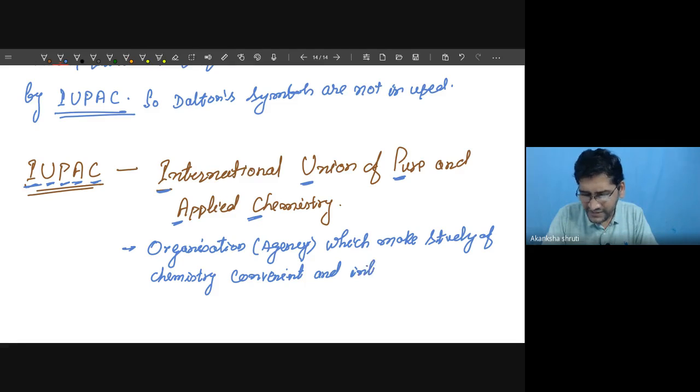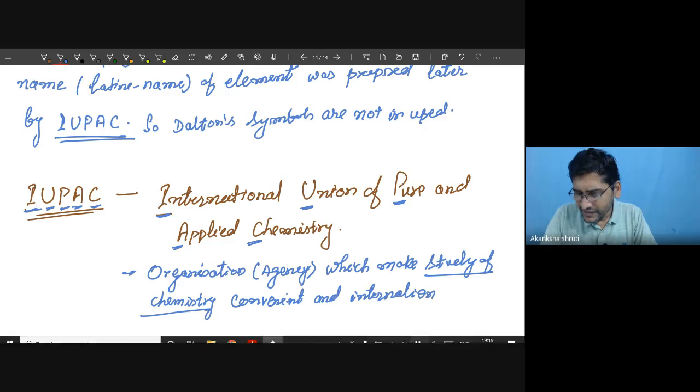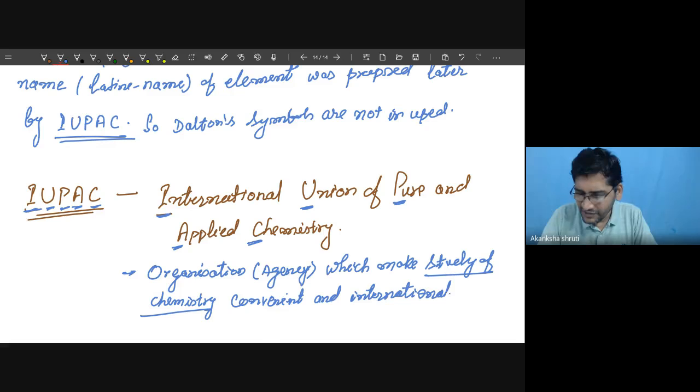So whatever symbols we are learning are not given by India or accepted only in India, but are acceptable everywhere in all the countries. So IUPAC makes the study of chemistry convenient and internationally acceptable.